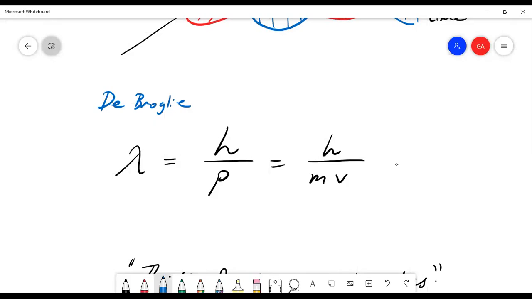They're far below this thing called Planck's constant, this h, that's what that is. It's a very small number. And so this makes your wavelength very small and unnoticeable for classical objects like you and me with huge masses.